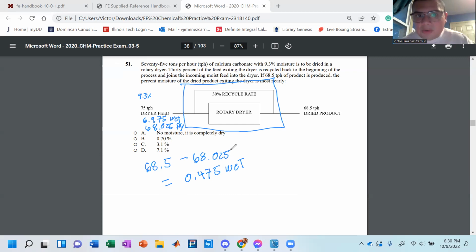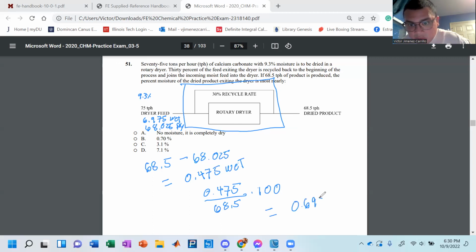The question is asking, what is the moisture percentage of the dry product? Well, you being a smart guy, you're going to say 0.475 divided by 68.5 times 100 is your wet percentage. And that's going to give you 0.693%. In other words, B.